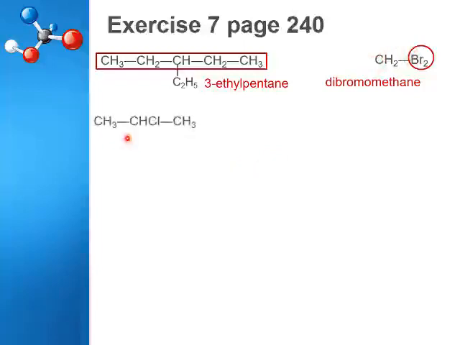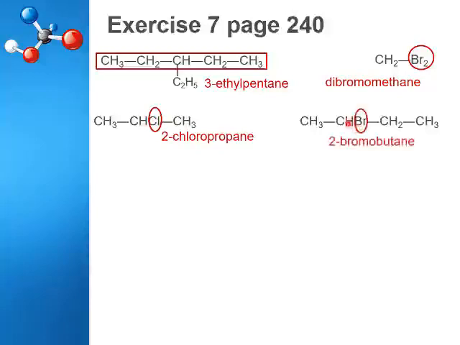The third one is the 2-chloropropane. We have 3 carbon atoms here. The fourth one is the 2-bromobutane. We have 4 carbons in the main chain, and bromo is the branch which is attached to the carbon number 2.